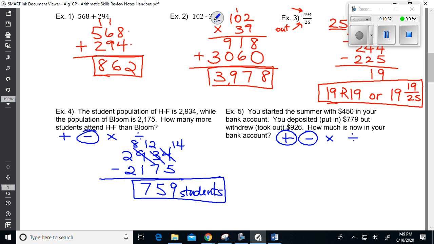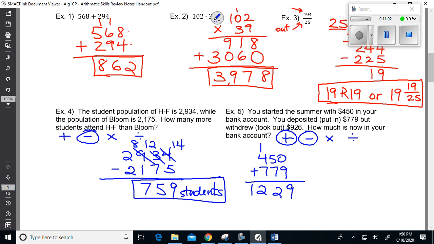So which two numbers are going to get added? Absolutely. So 450 plus 779, 5 plus 7, 12, carry the 1. That's 1229.